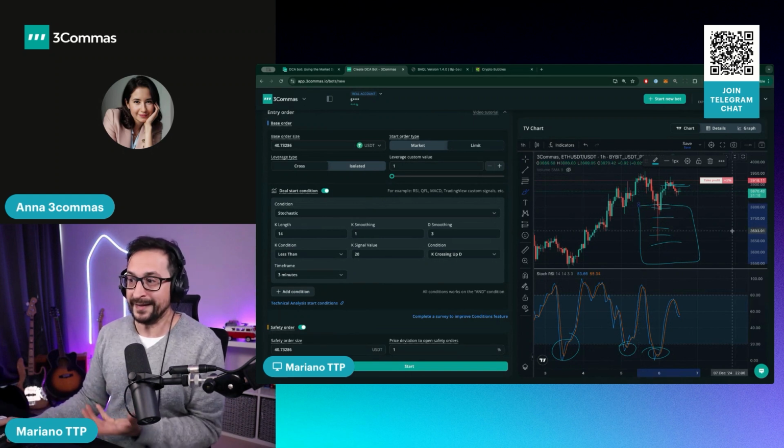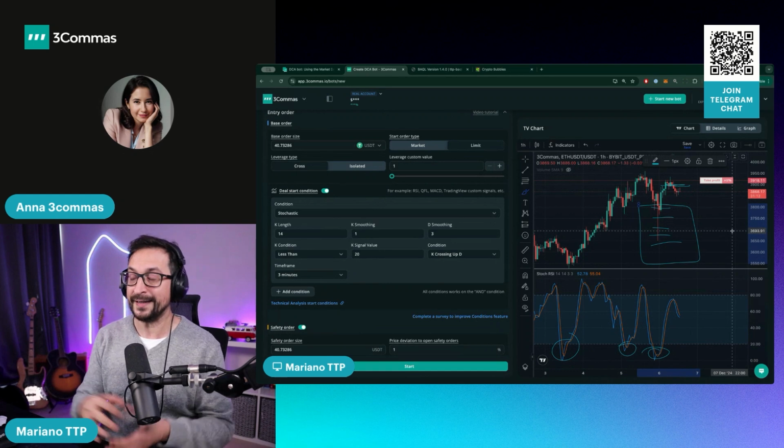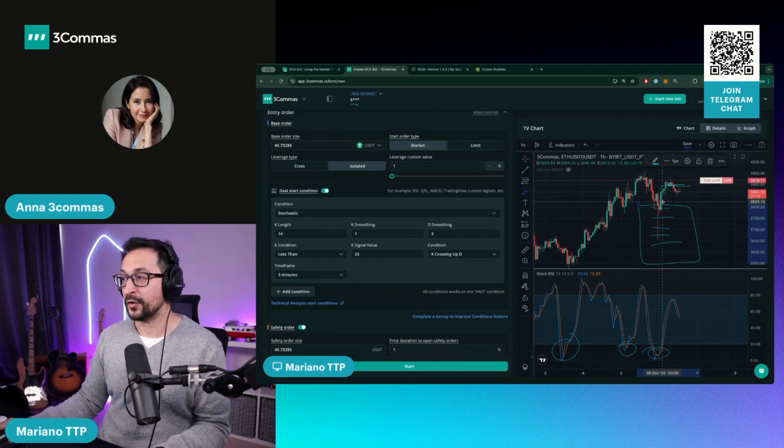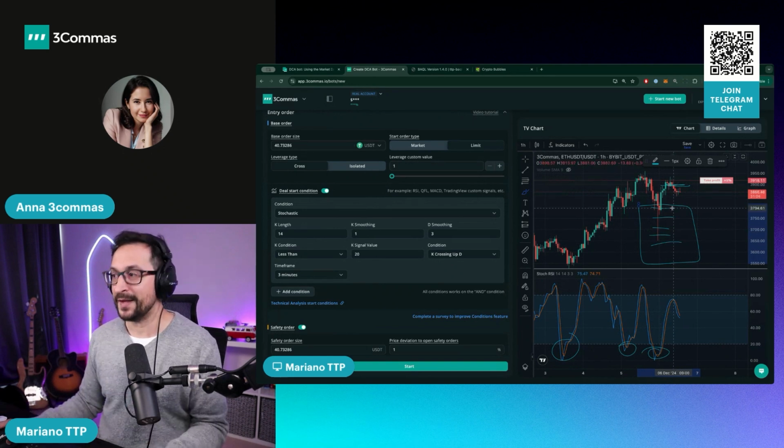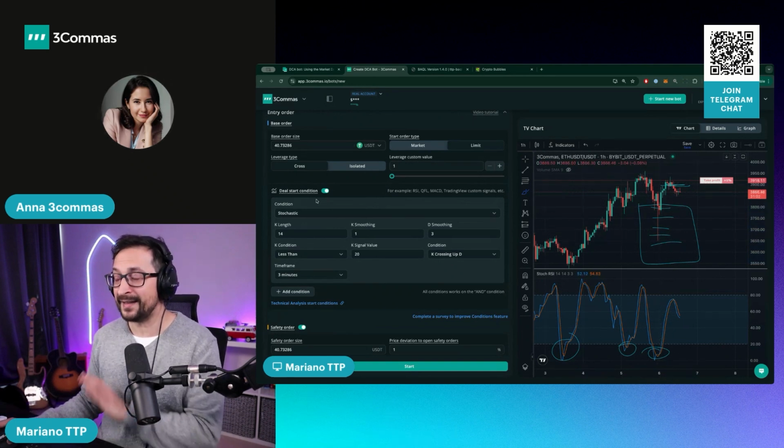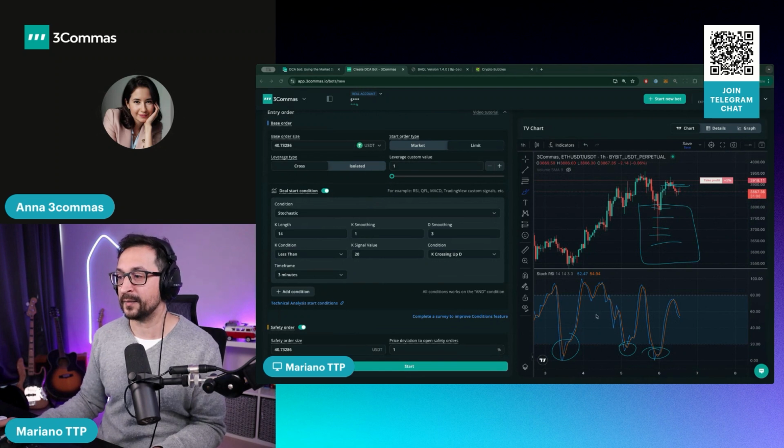We are in December, we just had November and October in green. It tends to be in green. So this filled all the safety orders and then it took profit. So I'm happy with that trade. But there are endless opportunities in terms of signals and coins that you can also trade.